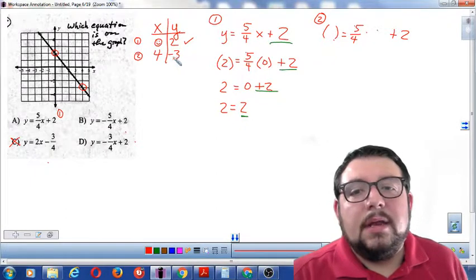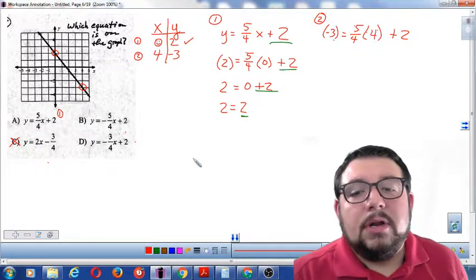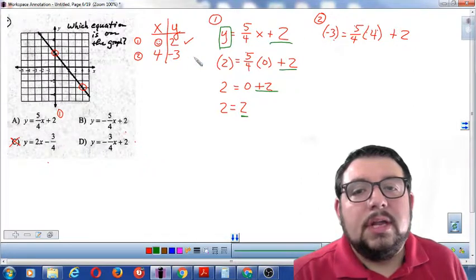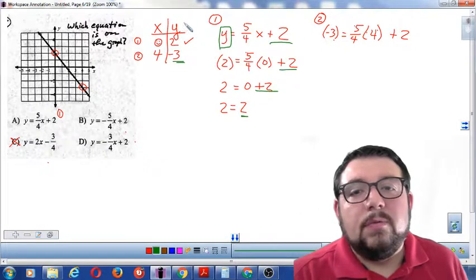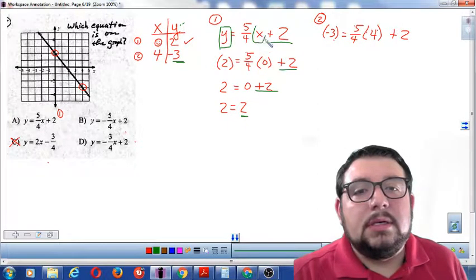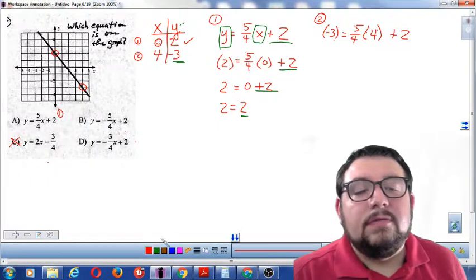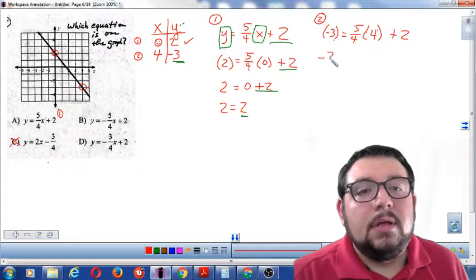That should have been a -3, and that should have been a 4 in parentheses just here. So what did I do? I changed this letter y from my first equation to the -3 from the grid, because that's where y's are coming from. And then I changed this letter x to parentheses 4, because 4 and -3 go together. 4 in the x and -3 in the y. Okay, so let's keep going.